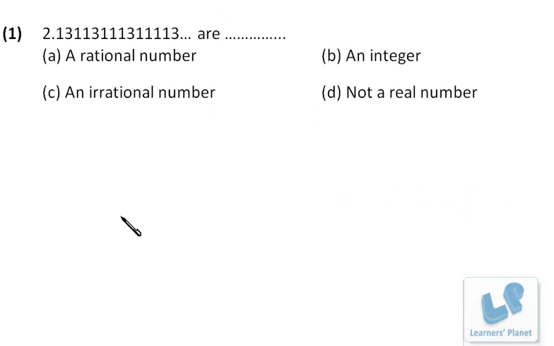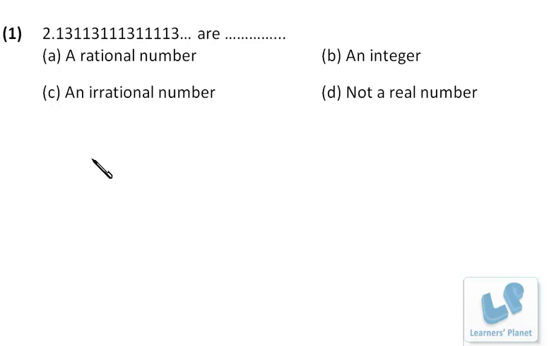Now let's try the first question. Here we are given a number 2.131131113 and so on, and we are asked which type of number this is. See, after the decimal the series is non-terminating, right? That we can see because dot dot dot are there, and it's not repeating as well. That means no particular set of numbers is being repeated continuously, right?